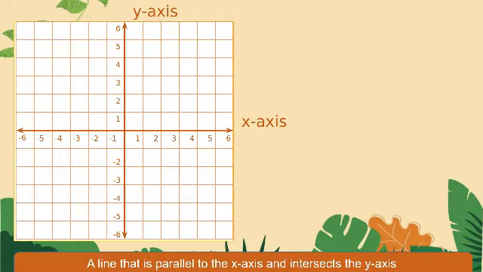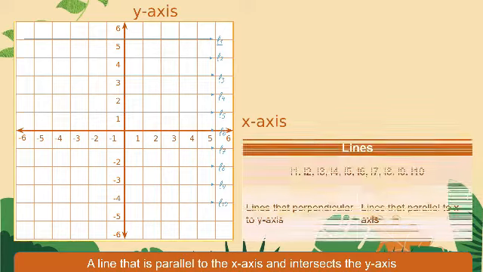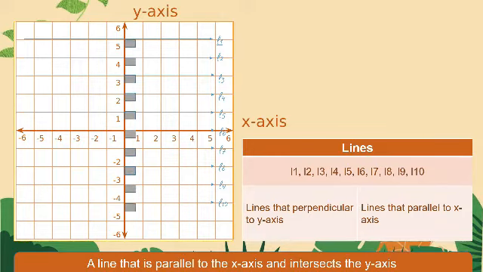The first is a line that is parallel to the x-axis and intersects the y-axis, just like the following figure. Lines L1, L2, L3, and so on until L10 are lines perpendicular to the y-axis, and they are lines parallel to the x-axis.